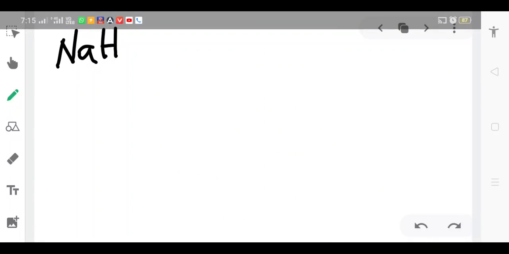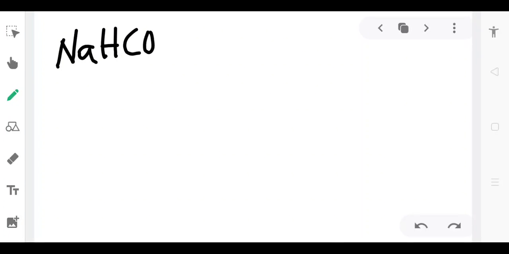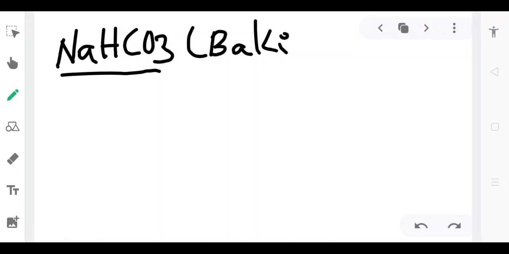Baking soda's chemical name is sodium hydrogen carbonate and its formula is NaHCO3. So how to prepare this sodium hydrogen carbonate, which is nothing but baking soda, from common salt.